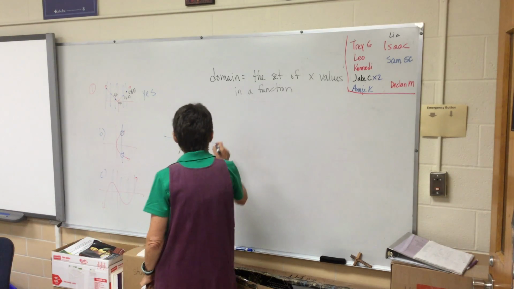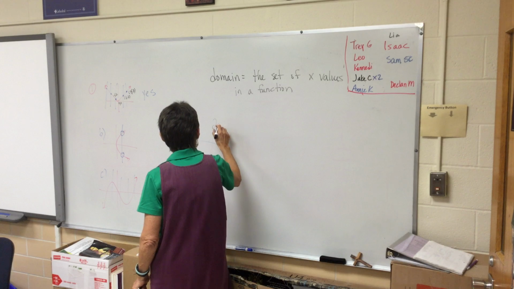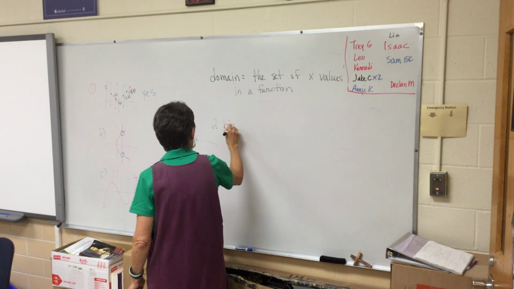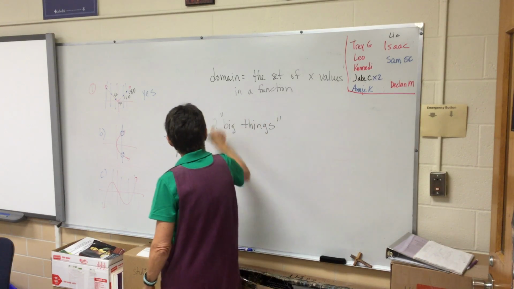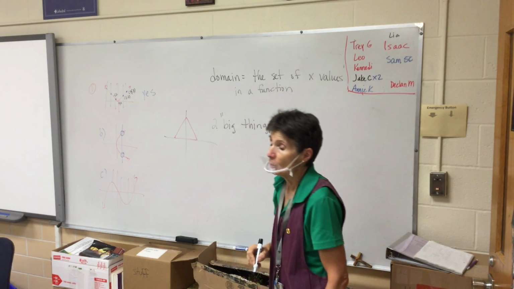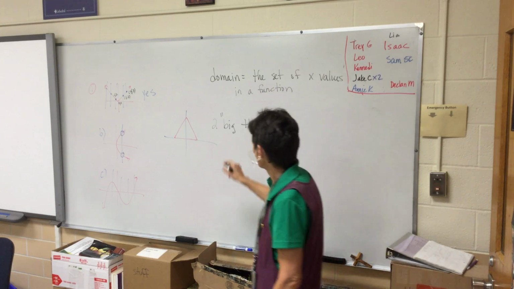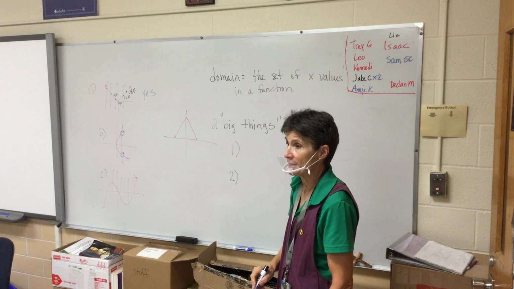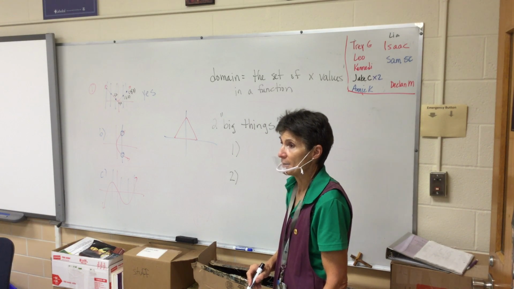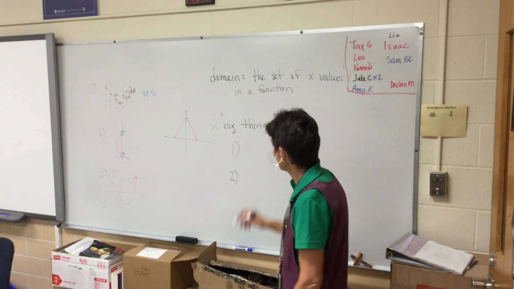There are two big things for you to keep in mind when we do domain. If you keep these two things in mind all the time, you will not have any problems with this.